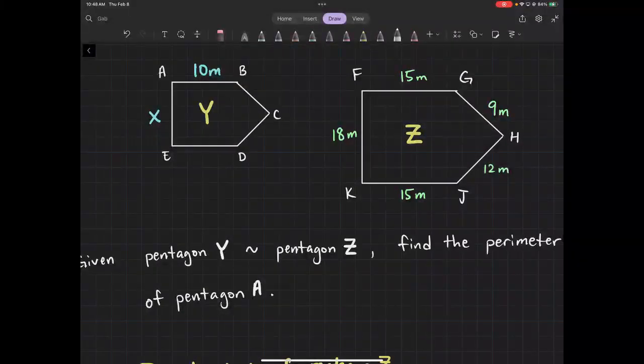Well, I can't really. It says given pentagon.